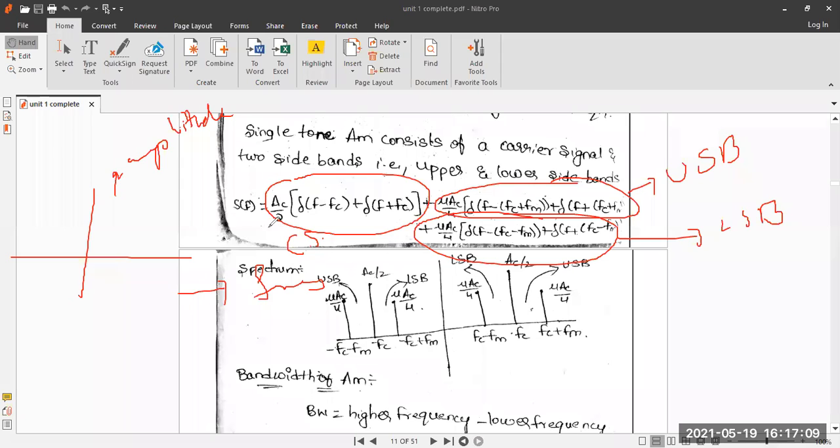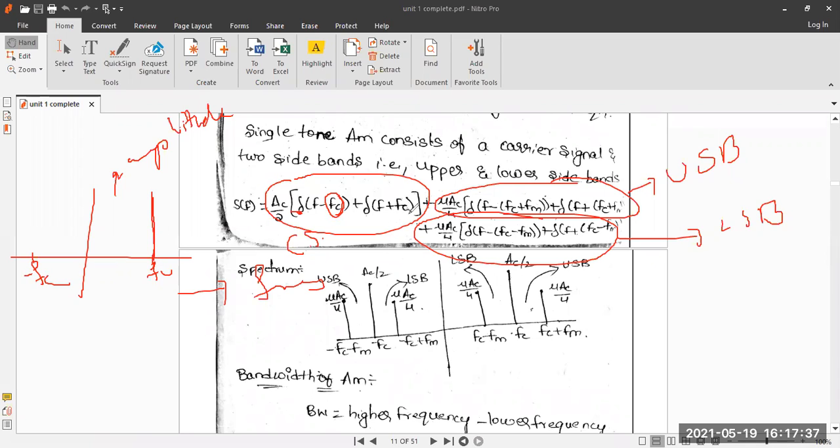The first term, with amplitude AC by 2, is an impulse function at fc. Let this be fc, and here is minus fc, with an impulse function at each.